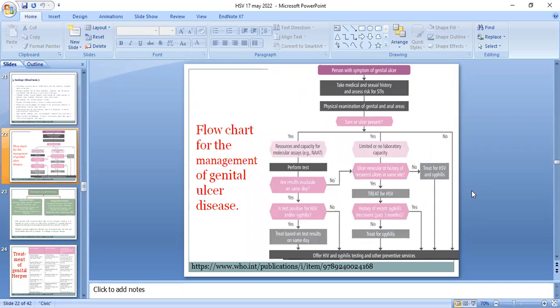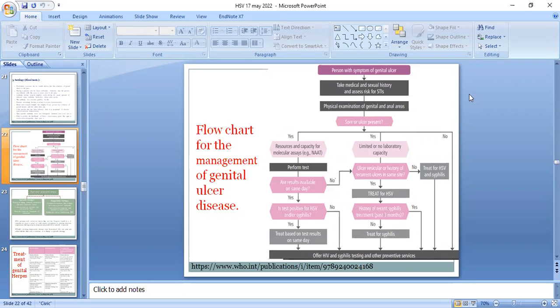Now, this is the flow chart for the management of genital ulcer disease. When the person has the symptoms of a genital ulcer, take medical and sexual history and assess the risk of sexually transmitted infections. Do a physical examination of the genital and anal areas, and if sores or ulcers are present, and resources and capacity for molecular assays, that is PCR, are available, then perform the test.